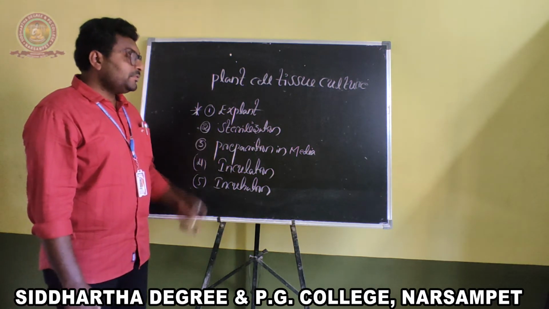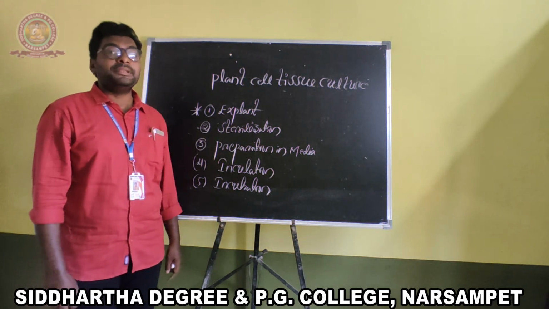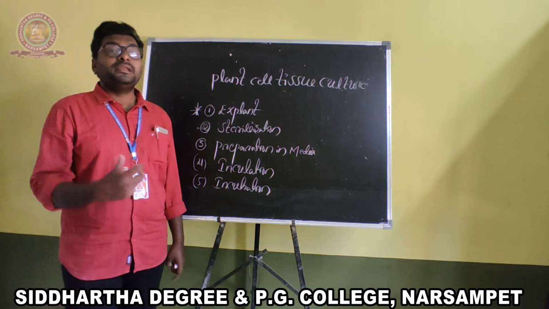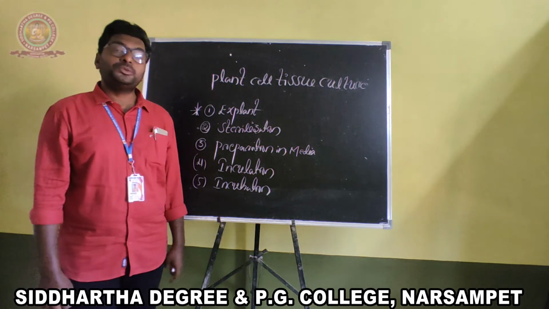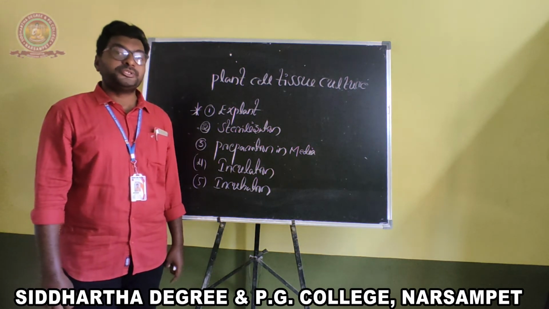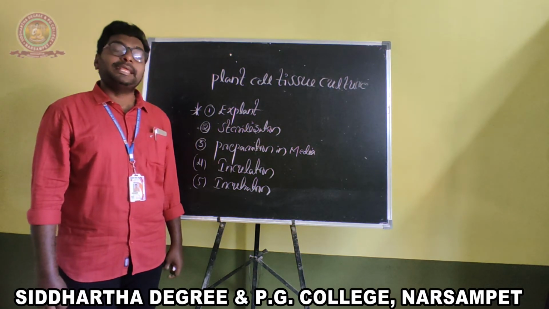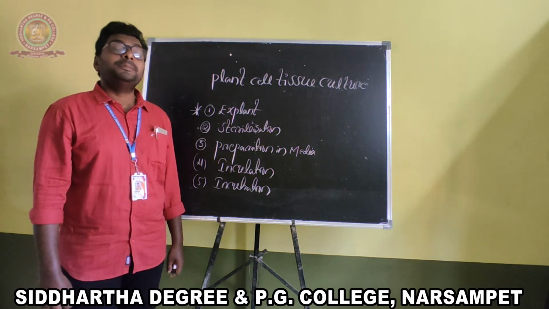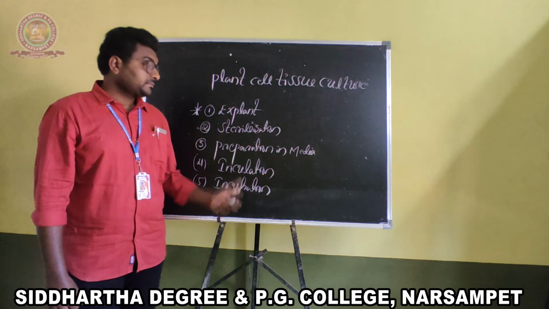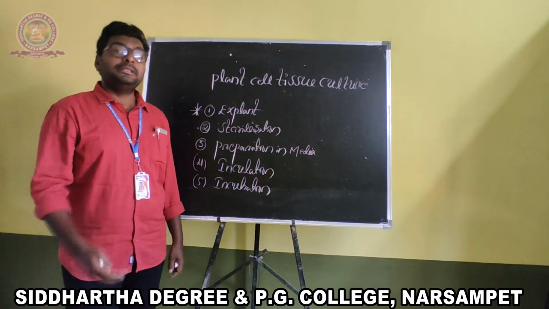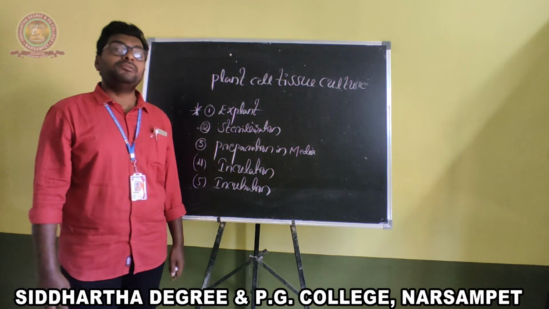The next step is preparation of media. Natural plants directly absorb water, solar radiation and light, but in tissue culture we prepare man-made media for the plant. This is called preparation of media.